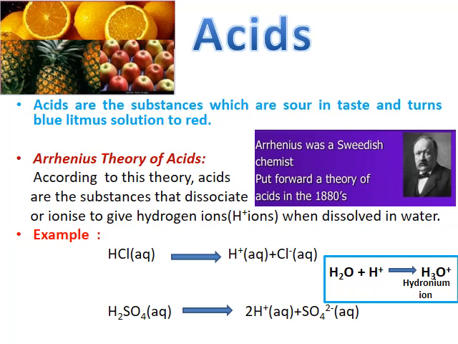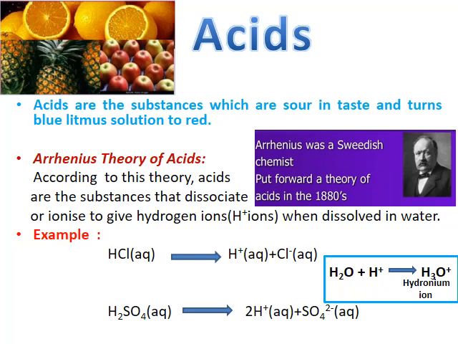According to this theory, acids are the substances that dissociate or ionize to give hydrogen ion when dissolved in water. But hydrogen ion combines with water to give hydronium ion.